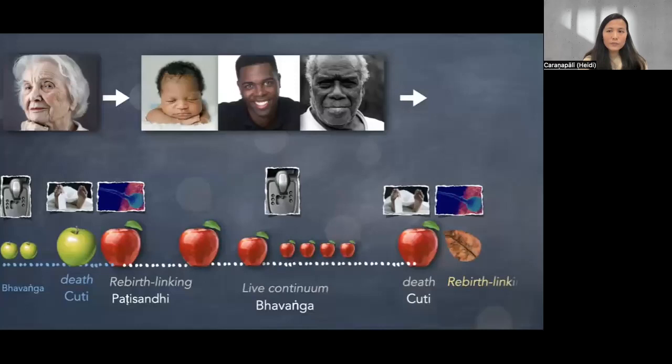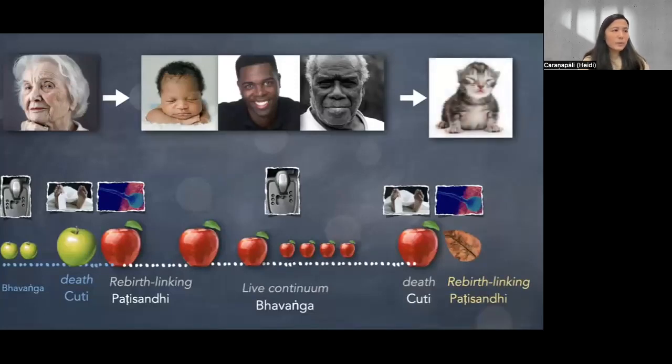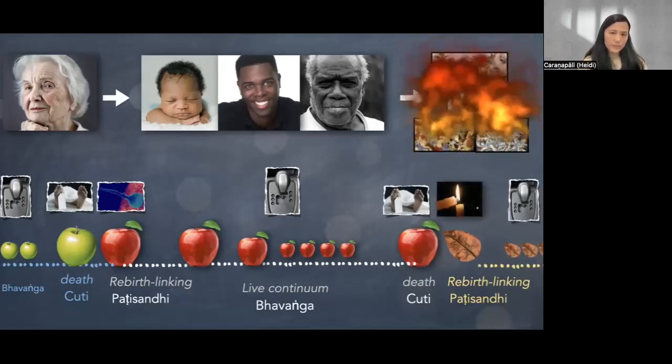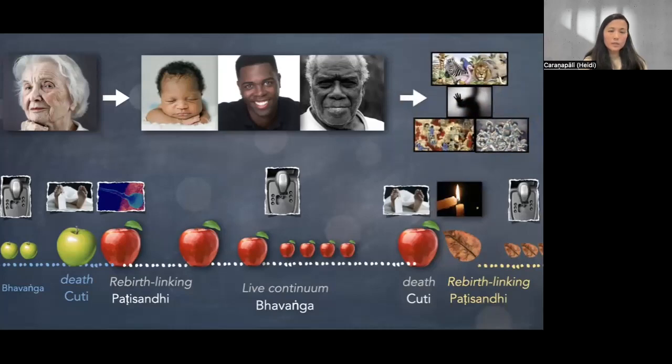So if that gives a rebirth linking consciousness, then he might be reborn into a lower realm, and throughout his lifetime, his Bhavanga will be the same type of unwholesome investigating consciousness, no? So in the animal realm or in any other woeful state, or the lower birth.